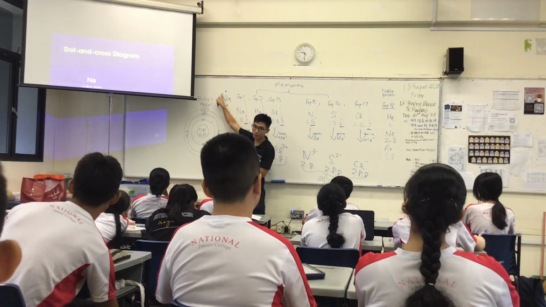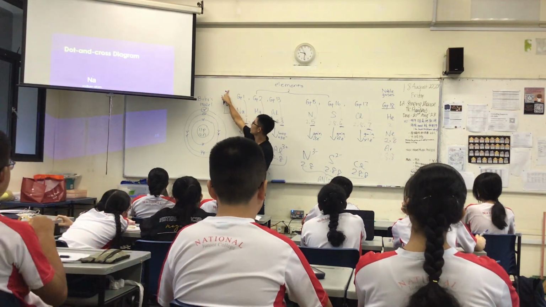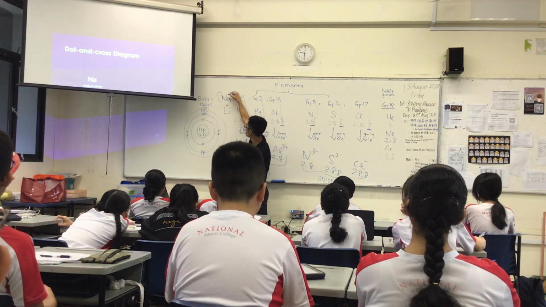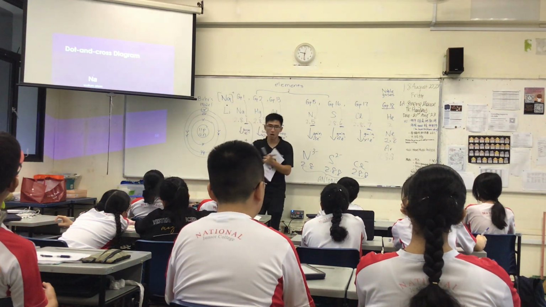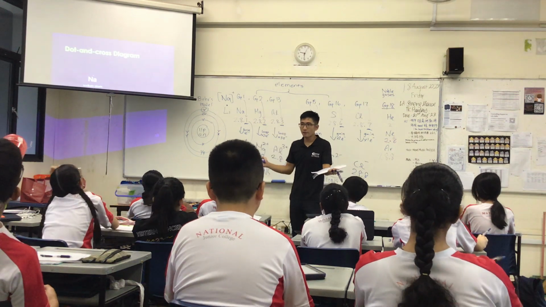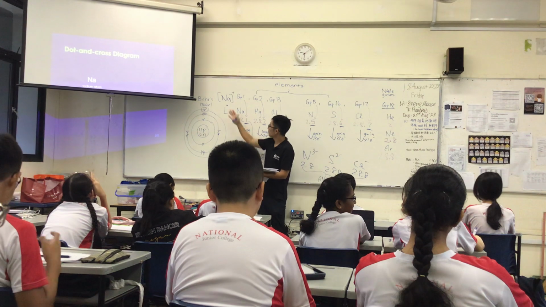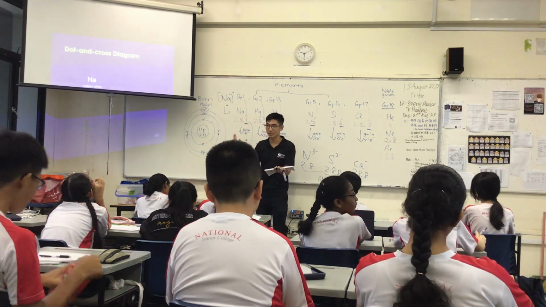So if it loses an electron, what happens? You just erase it away. All you need to do is to show me the charge. That's all. If I ask you to draw the dot and cross diagram for sodium ion, the dot is gone because it loses the electron.